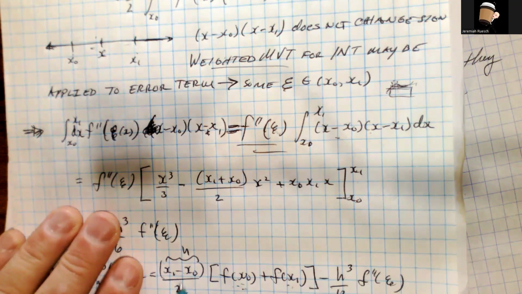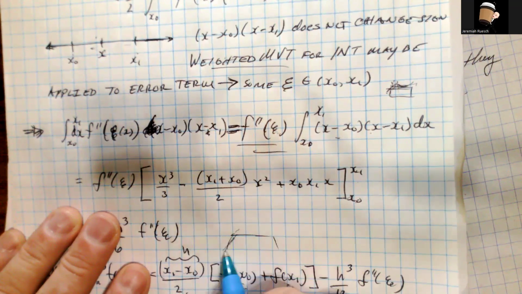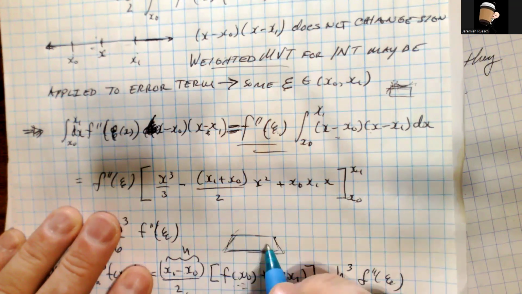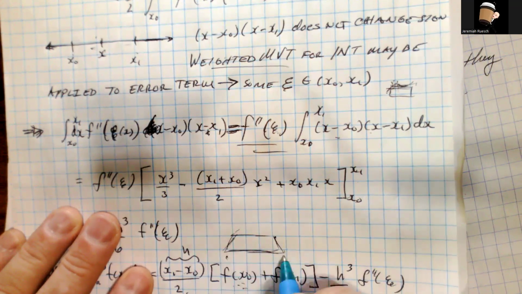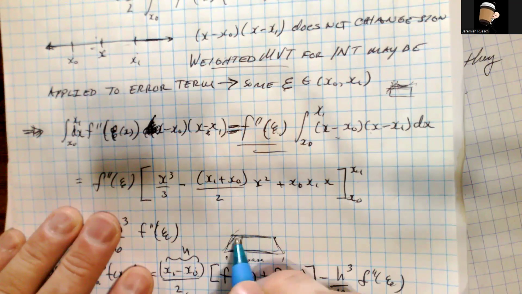So this is like half the base times the sum of the bases, right? If you think about it like a normal trapezoid, the x1 minus x naught, that's the base.